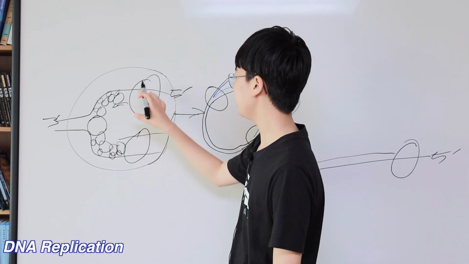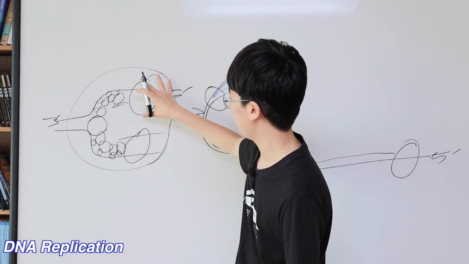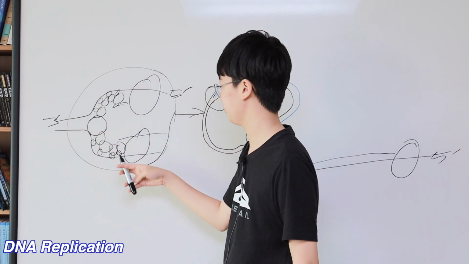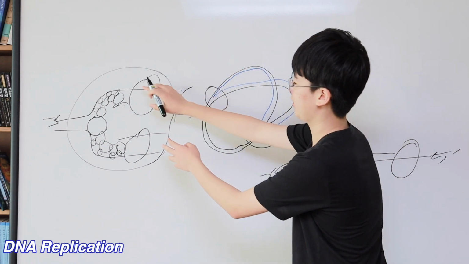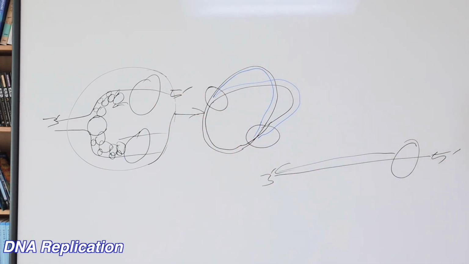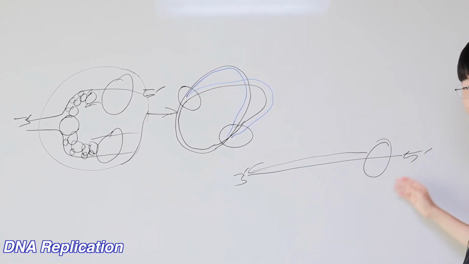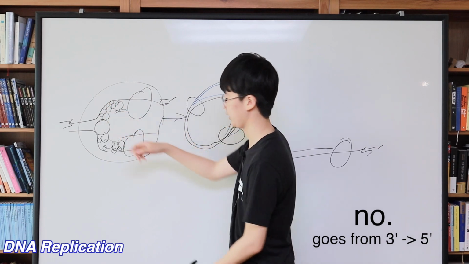Basically the DNA polymerase is going this way, but relative to the helicase, the DNA is passing by like this. And that is the correct way to go for the DNA polymerase, because it's 5 to 3, 5 to 3 going this way.